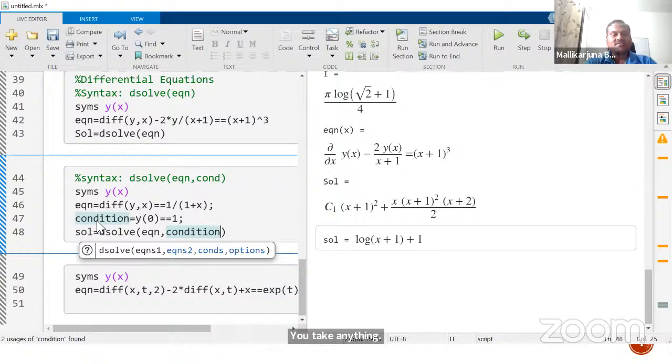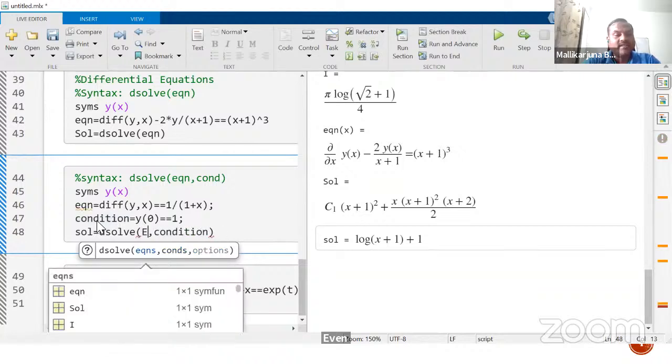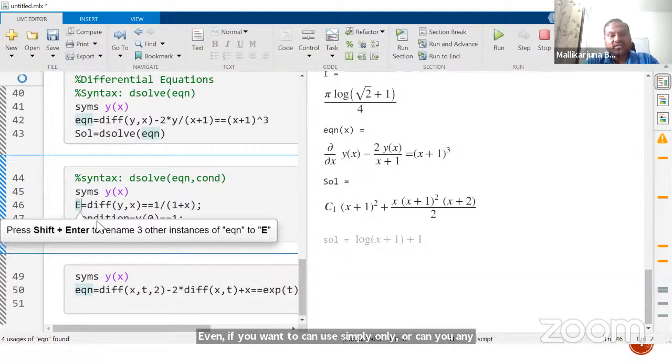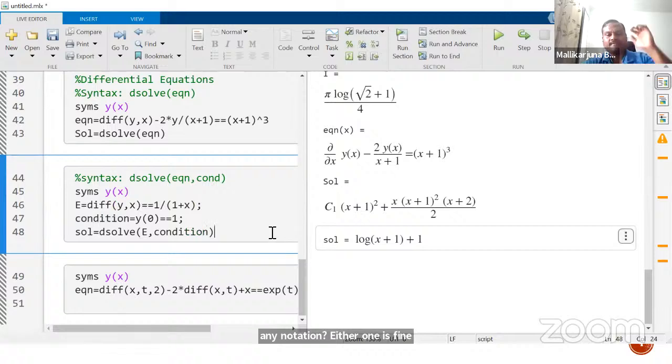Just for our convenience, I take the condition as the short form COND for easy understanding in future. Even for EQN, if you want, you can use simply capital E, or any notation. Either one is fine. It will give the same solution. No need to be confused by it.